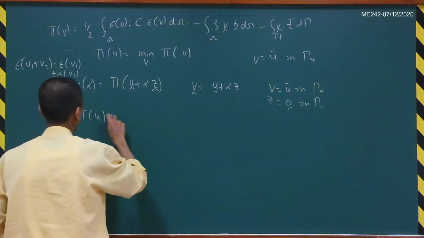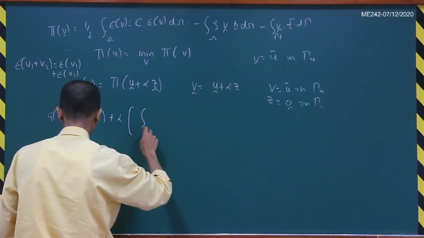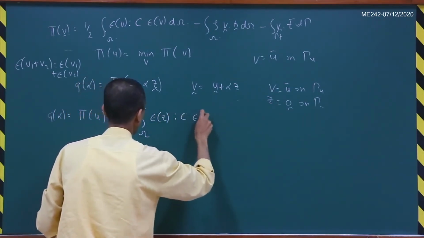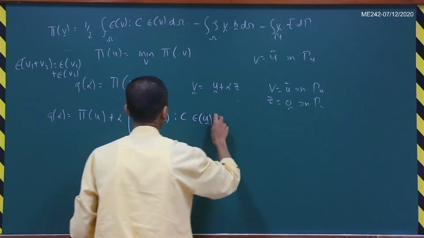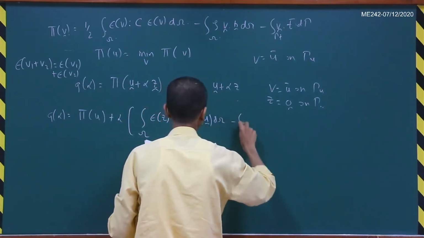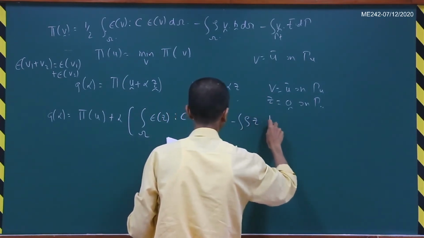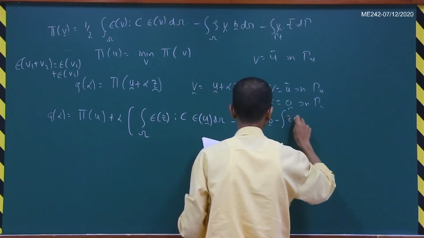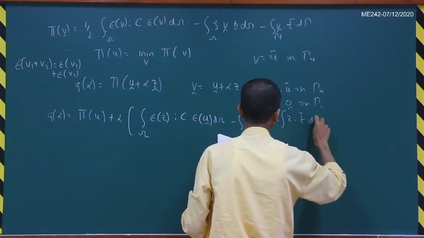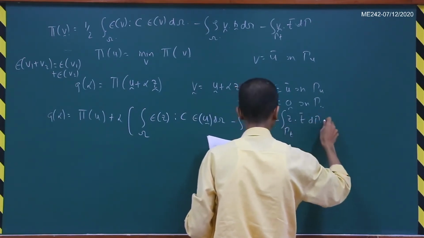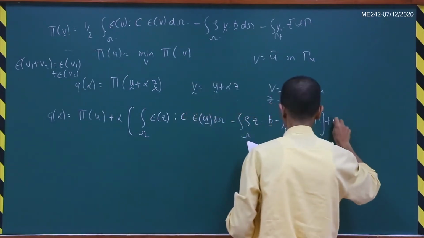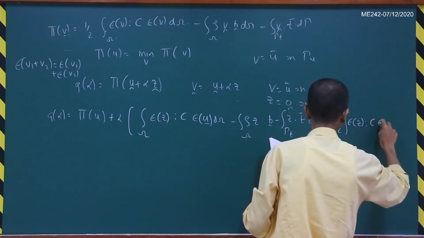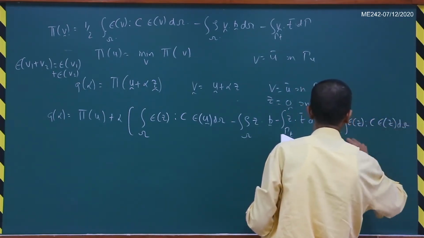So this is plus alpha times integral over omega of epsilon of z matrix inner product C of epsilon of u times d omega, minus integral of rho z dot b over omega, minus integral of z dot t bar d gamma over gamma t, plus alpha squared by 2 integral of epsilon of z times C times epsilon of z times d omega over omega.